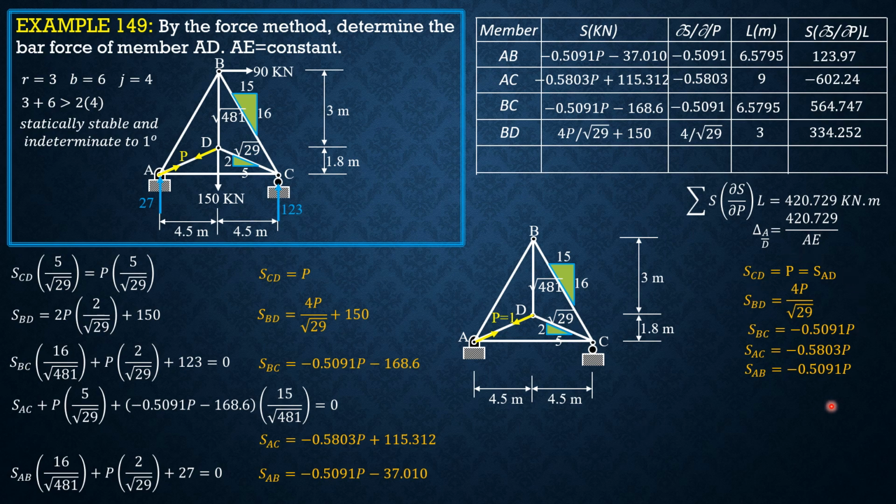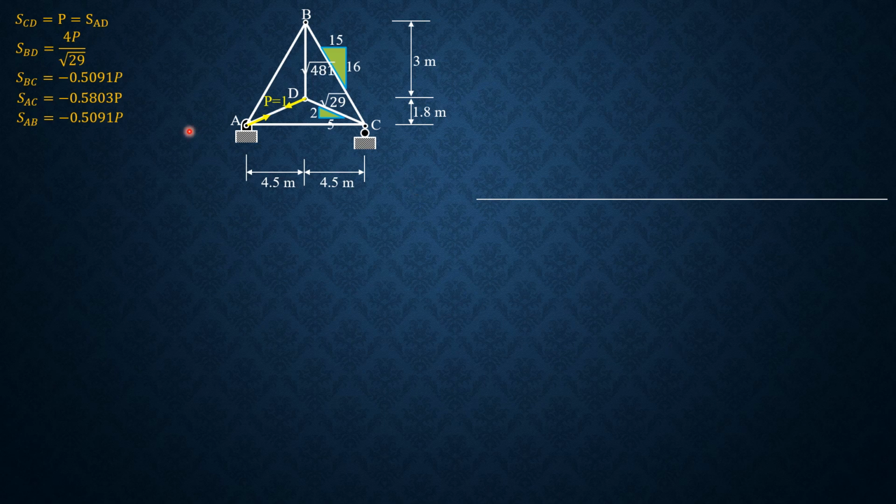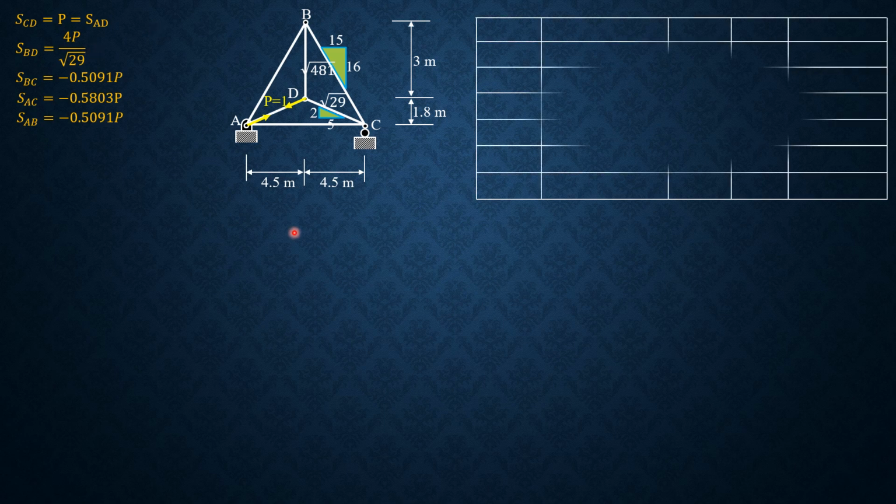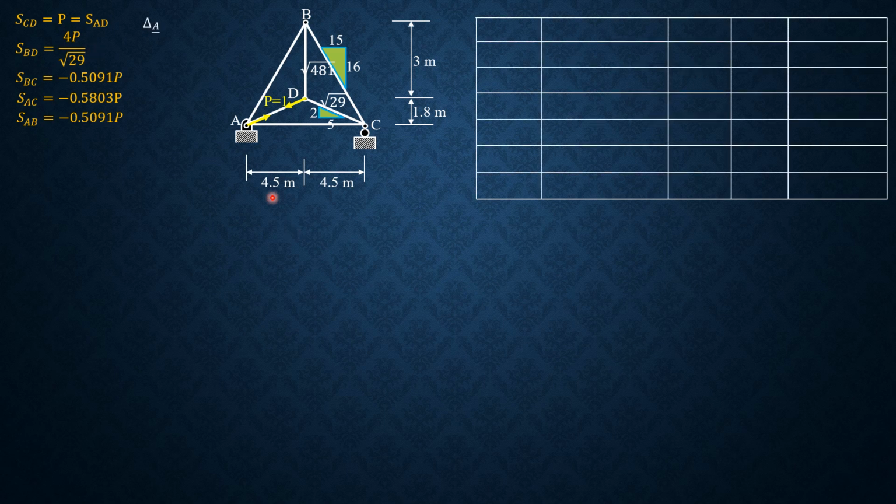Let's just copy all these values. So these were the values in the preceding slides. Let's now tabulate. So delta A with respect to D was 420.729 over AE. So we have member, S, partial of S with respect to P, length, then the product.